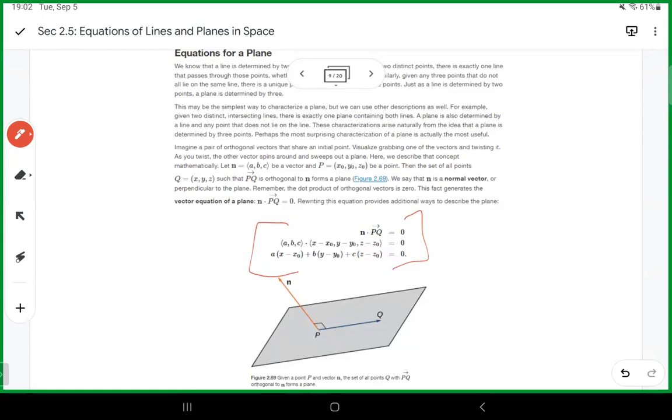And we're going to get to an example. Cool.